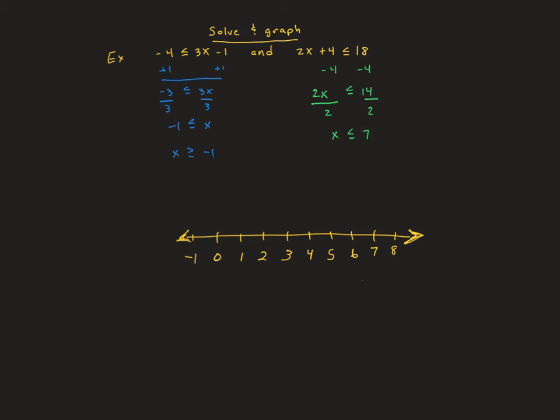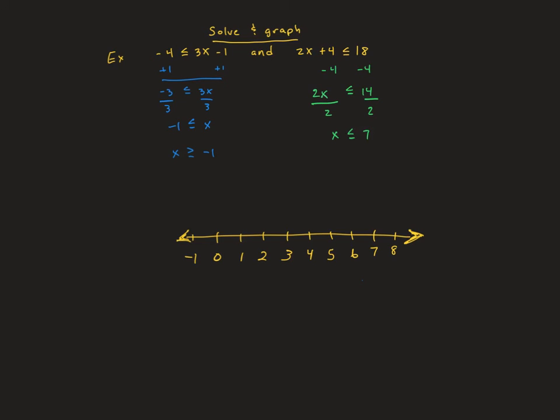I've added 1 to both sides, which gives me negative 3 is less than or equal to 3x. Divide both sides by 3 so I can get x by itself. So I end up with negative 1 is less than or equal to x. And then I've flipped my operation so I have my x on the correct side. You always want your variable on the left for inequalities, otherwise it's going to give you a wrong statement.